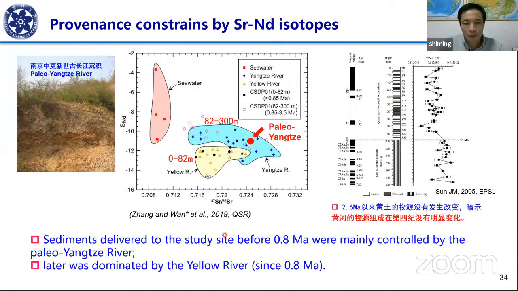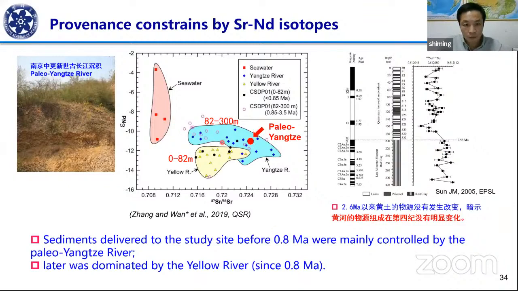So we compare the sediment composition with the potential sediment sources to the study site, including the Yellow River and Yangtze River, and also the Paleo Yangtze River and the Paleo Yellow River. The Paleo Yellow River we treated as the loess source, because we know the major source of the Yellow River is the Loess Plateau, and the loess provenance did not change much during the Quaternary, which may suggest a stable provenance for the Yellow River.